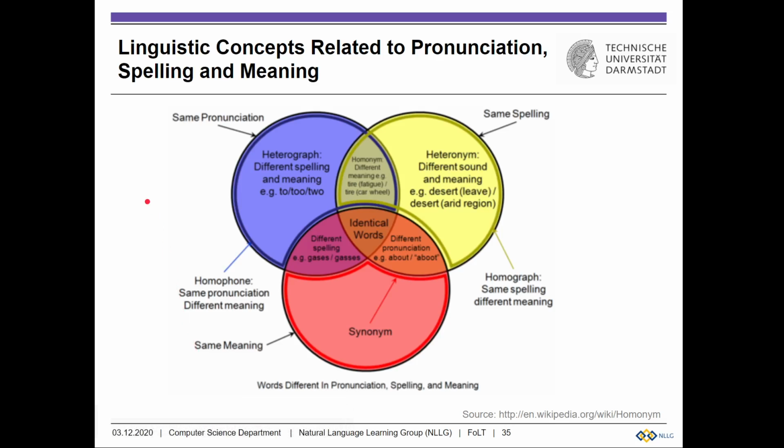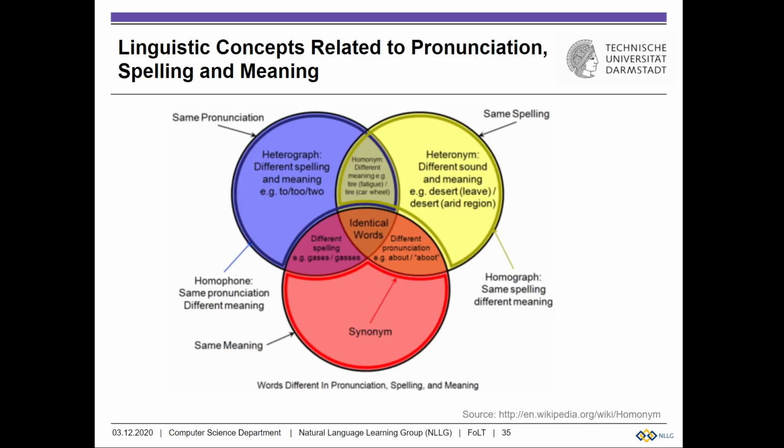Now we have talked a lot about lexical semantic relationships, so relationships between words or between synsets that operate on the level of meaning. We can also look at relationships between words on different levels.